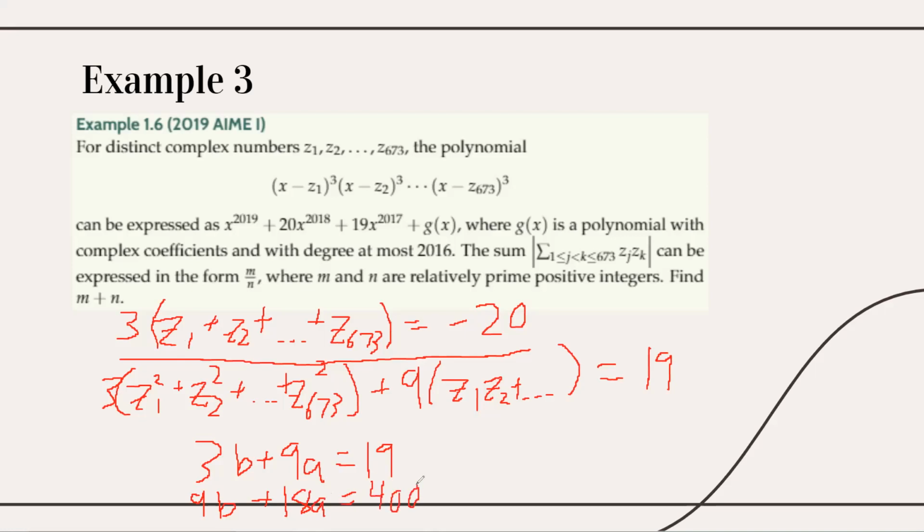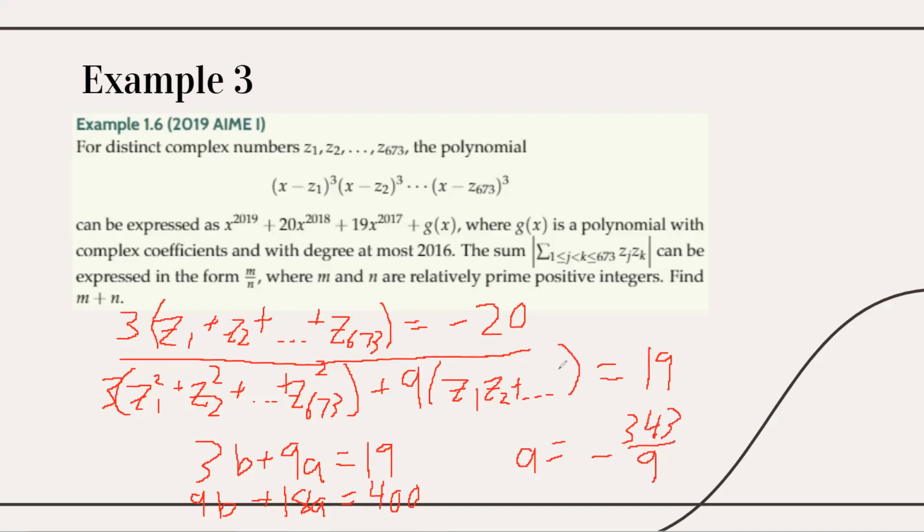And at this point, you'll notice we actually just have a system of equations where we have two linear equations and two variables. So there's a very good chance that we can actually just solve this. And in fact, we can solve for a and b here. I'll skip the algebra, but basically you just get that a is equal to negative 343 over 9.